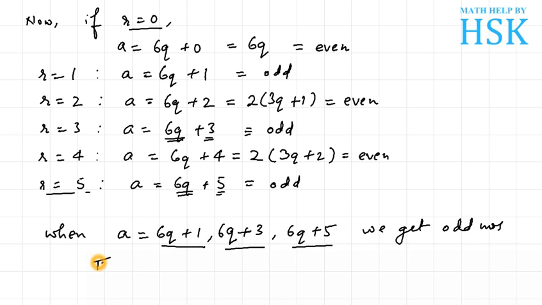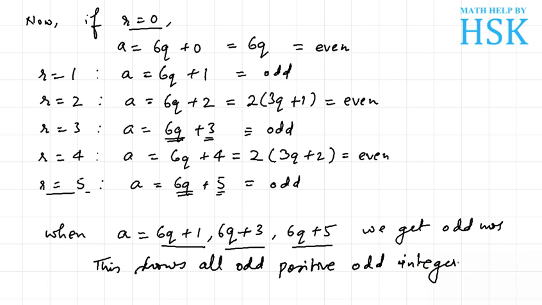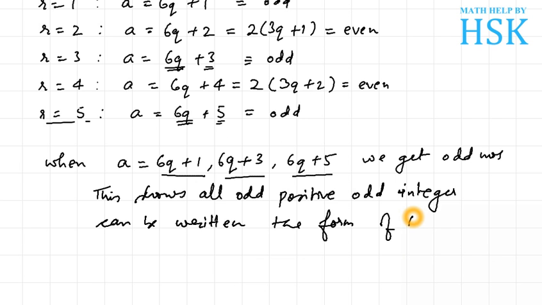So this shows that all positive odd integers can be written in the form of 6q plus 1, 6q plus 3 and 6q plus 5. Okay.